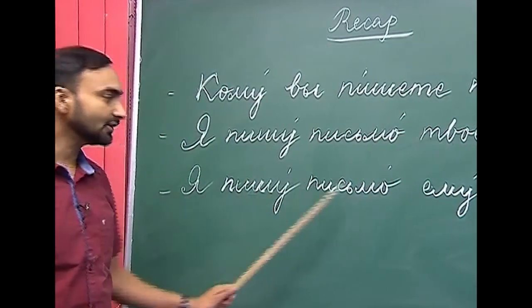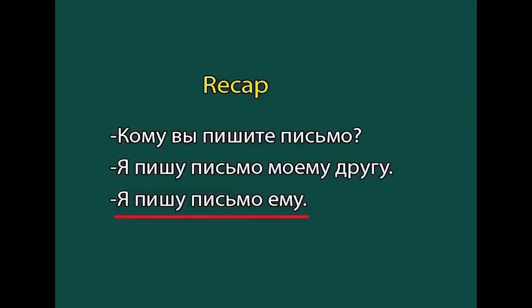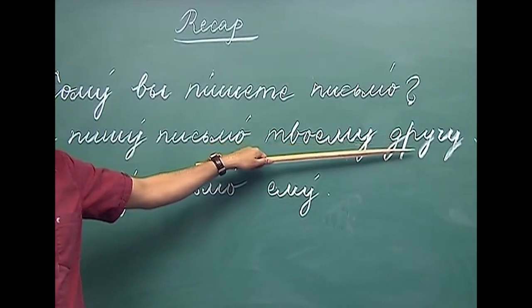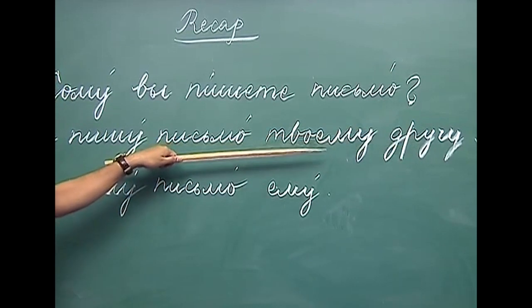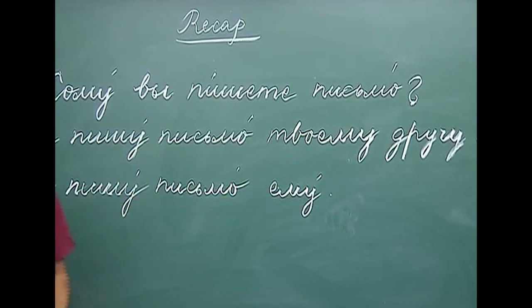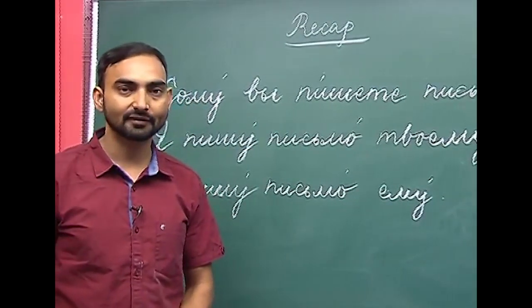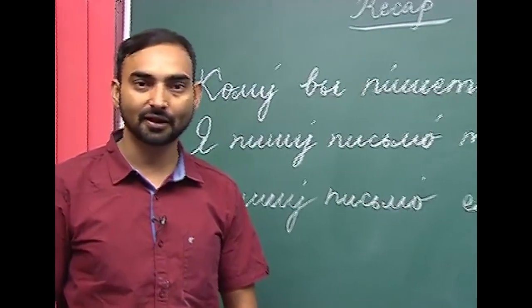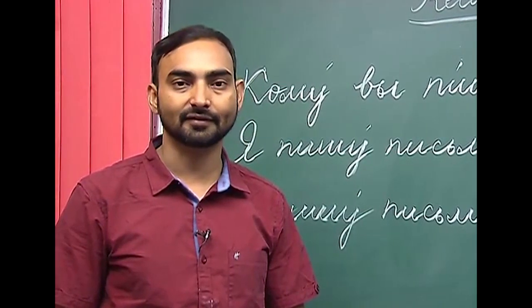So I am writing a letter to him. So if the question is komu, we can answer either with the noun plus possessive pronoun or with the pronoun. This is how the nouns, possessive pronouns and personal pronouns decline in the dative case.